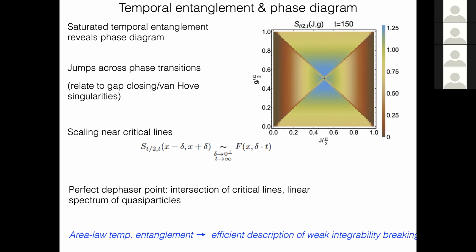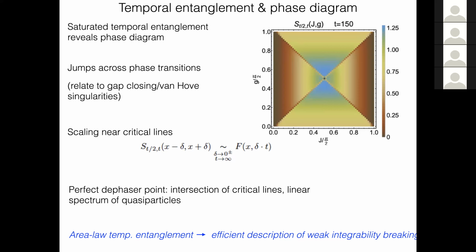Temporal entanglement jumps across these phase transition lines, and interestingly, at the crossing, in the center of the square, the spectrum of your quasi-particles becomes linear, and that's exactly the dual unitary or perfect dephasor point.